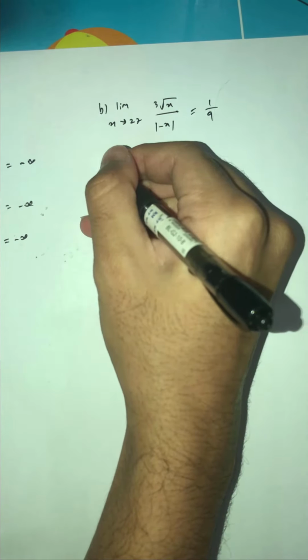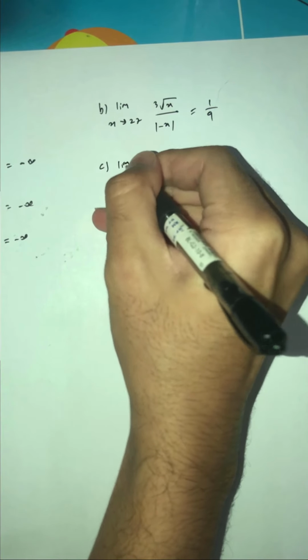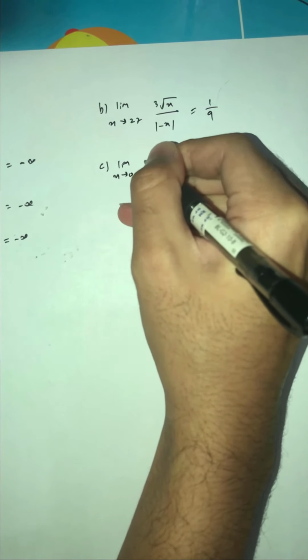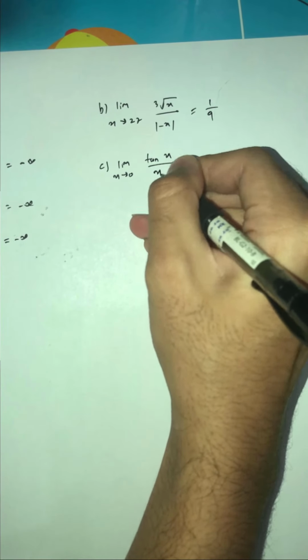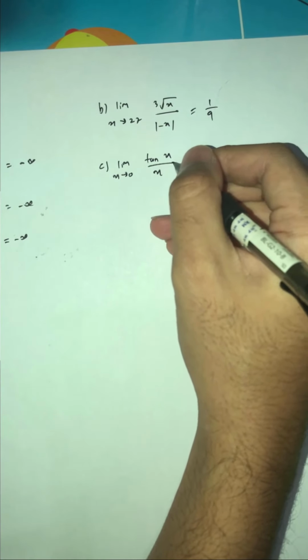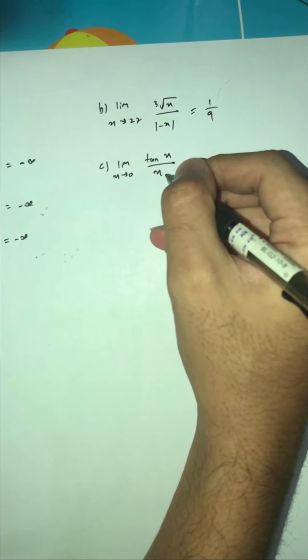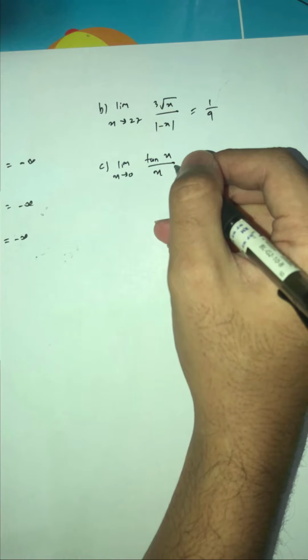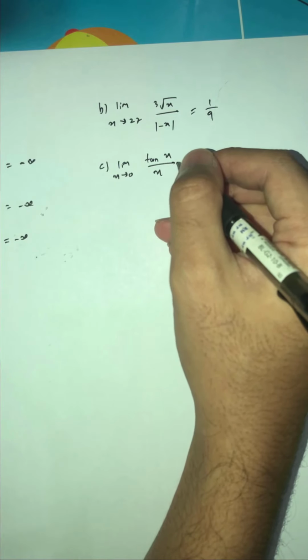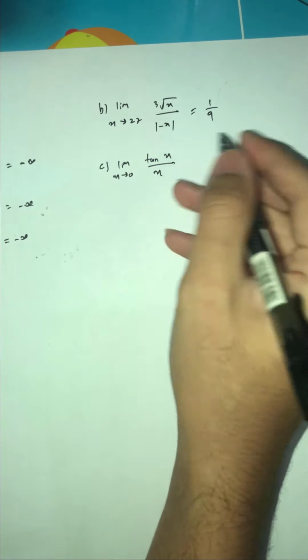Now part C. Part C is the limit as x approaches 0 of tangent x over x. So tangent x over x is 0 over 0, so it is undefined. But then let's try.